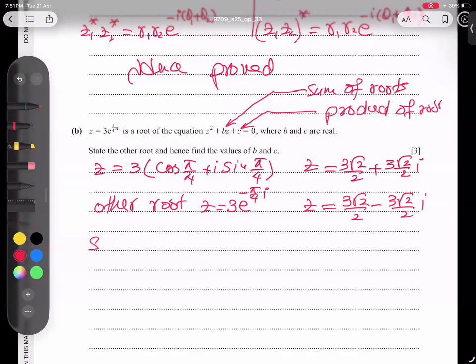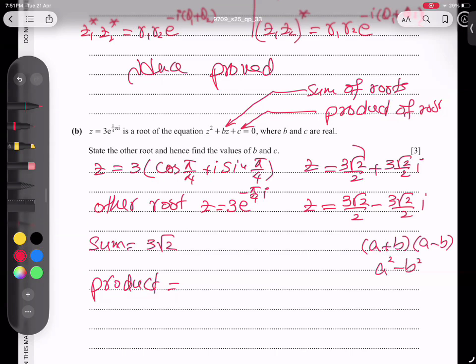It means if I find the sum of the roots, if I add them both, both imaginary parts cancel out and I get this plus this, so I got 3 root 2. Okay, I just summed. And what is the product? The product is these both multiplied with each other. And students, a plus b times a minus b, what is the answer? Square of a minus square of b.